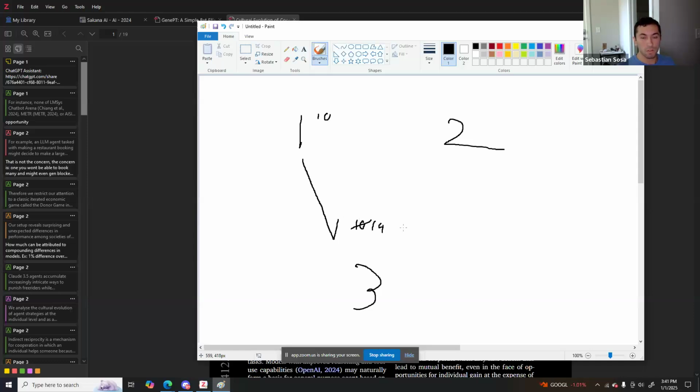Then three also donates two to the second agent, and then two gets 14.